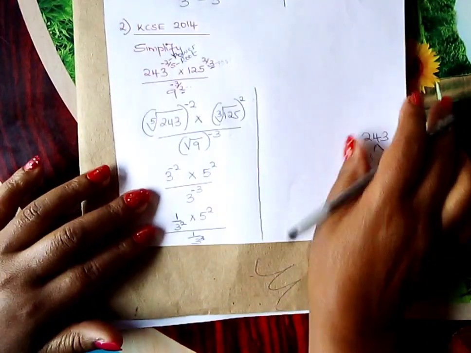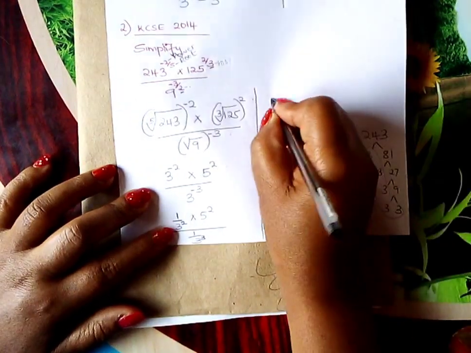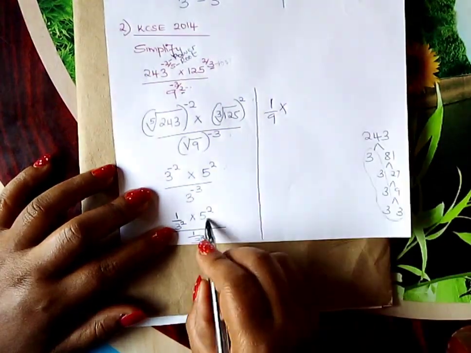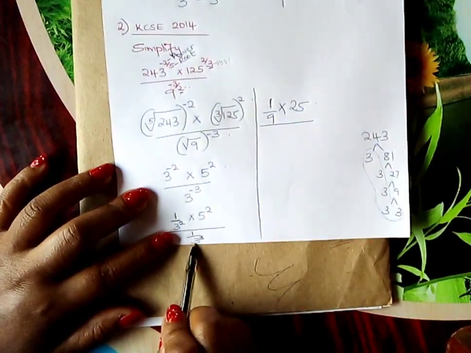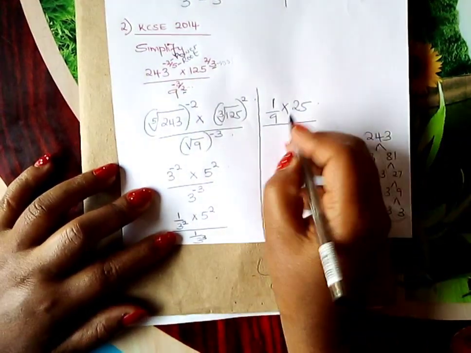So you will get 1 over 9 times 25, divided by 1 over 27.